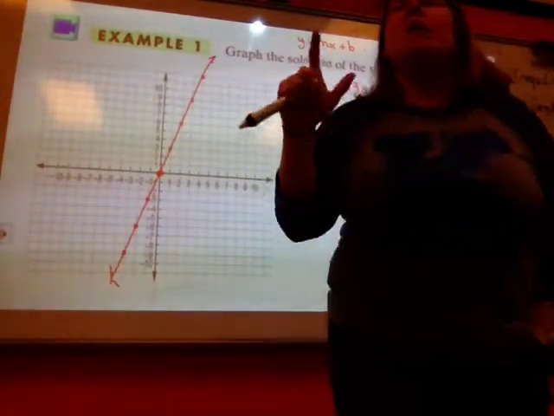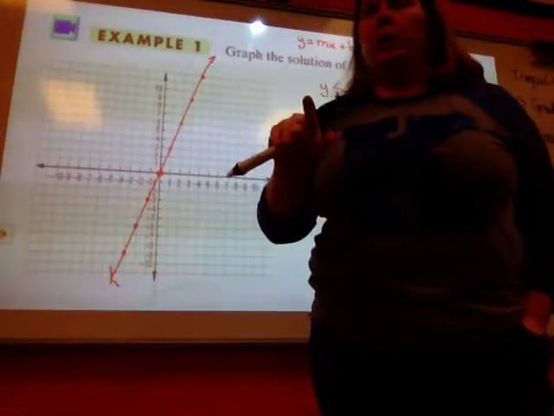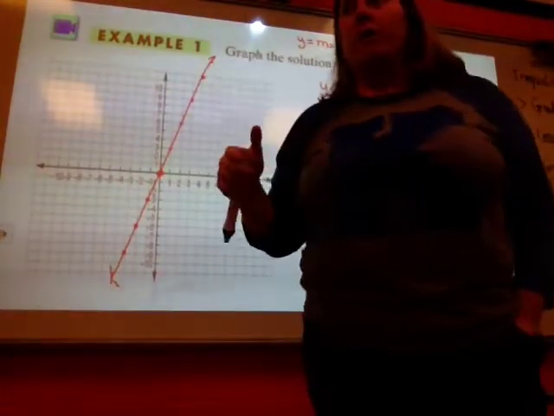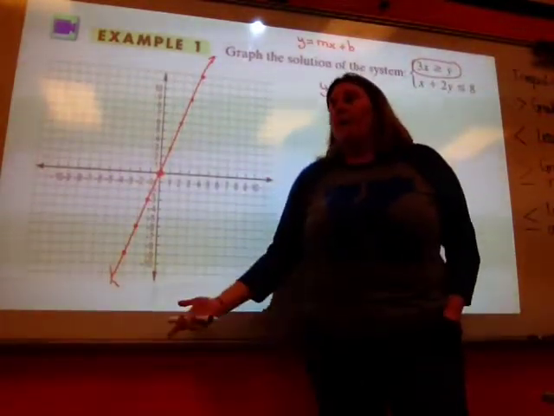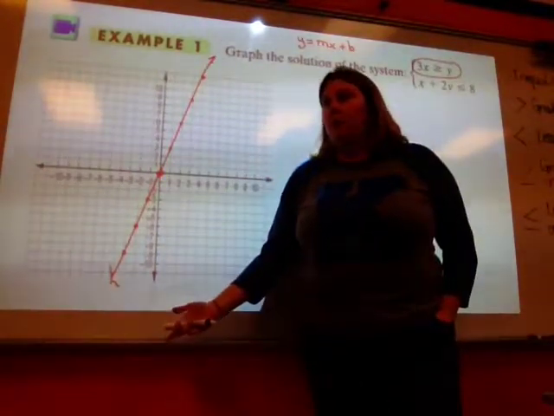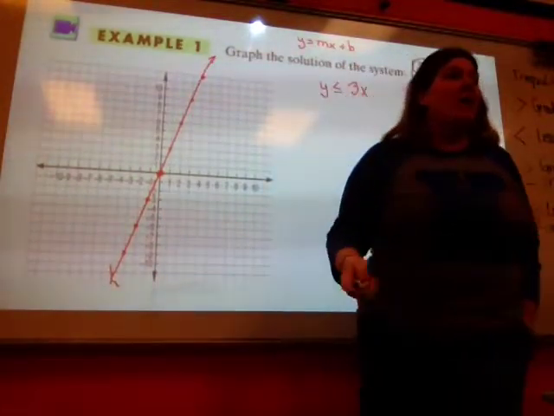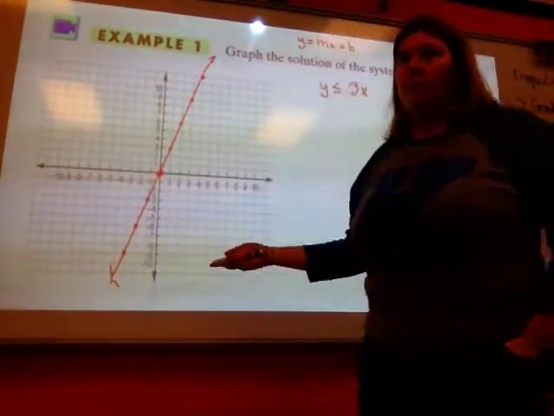Now, which is our easiest point to pick usually? 0, 0. But what's wrong with picking 0, 0 this time? It's on the line. So I've got to pick another point. Which is my next easiest one? 1, 1.